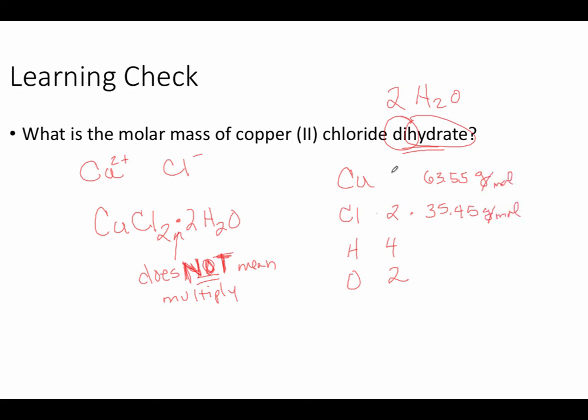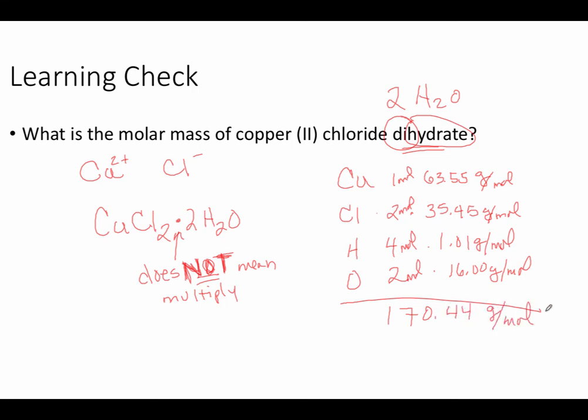I have 1 mole of copper. This is 2 moles times 1.01 grams per mole. And then I have 2 moles of O times 16.00 grams per mole. Do the math. I don't have it done, so I will do it with you. I get 170.44 grams per mole for copper 2 chloride dihydrate.